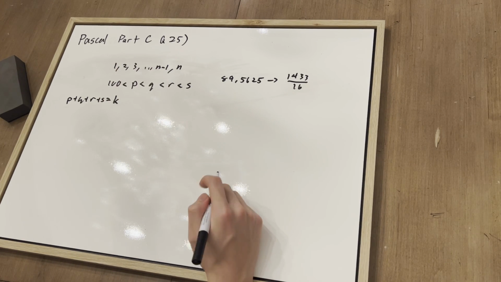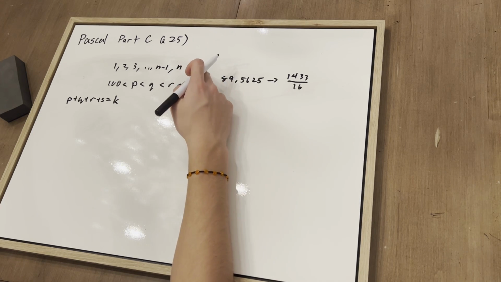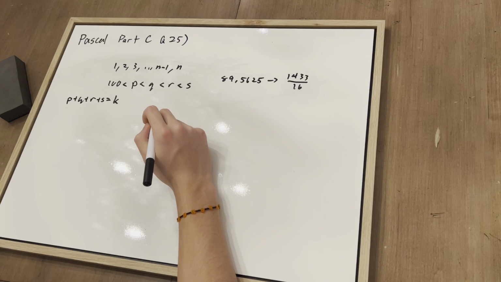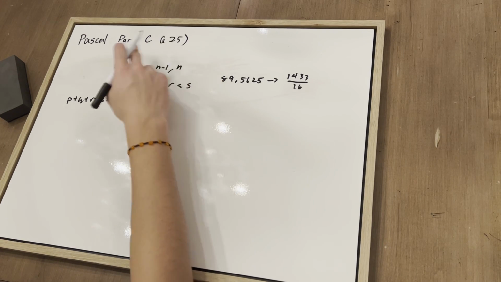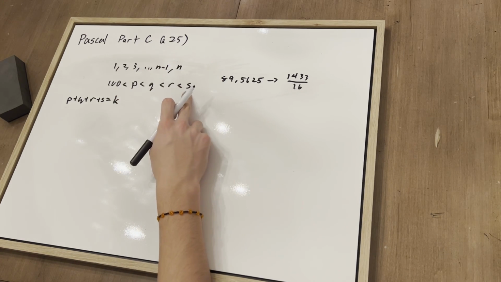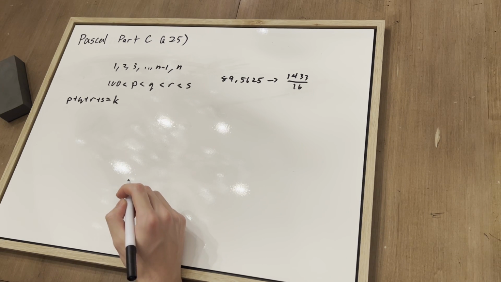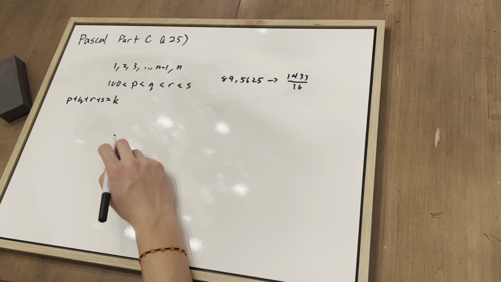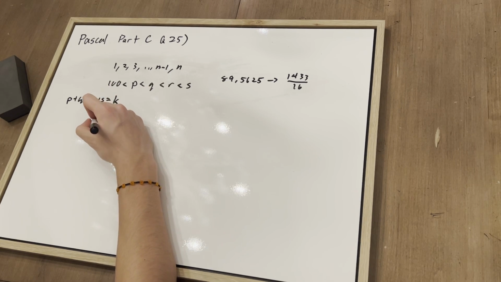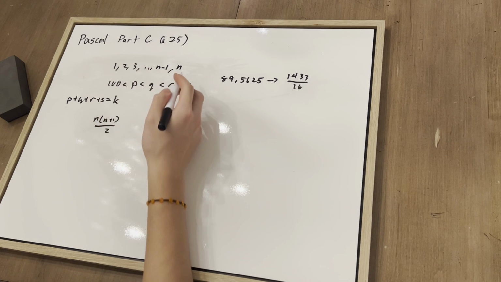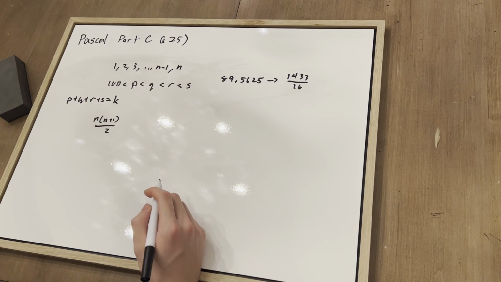Next, we want to find a way to express this list of integers minus these 4 integers as an average. So we would find the sum of these integers and subtract the sum of these 4 integers, which is k, and then divide by the number of numbers. This is very standard in finding averages. The sum of the list is n times n plus 1 over 2, since these are just consecutive natural numbers.